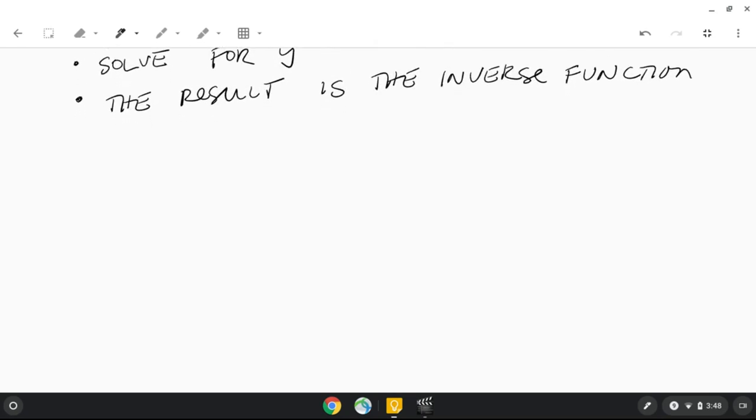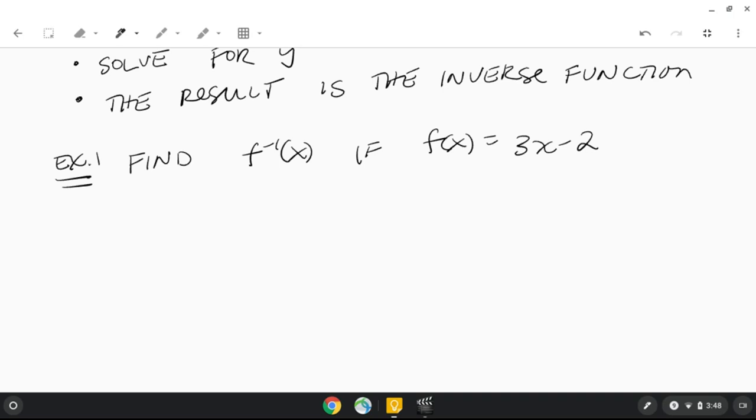All right, so let's take a look at this example here. Let's find the inverse function if f of x equals 3x minus 2. Again, that function symbol f of x, that's your y value. So let's rewrite that using y instead of f of x.